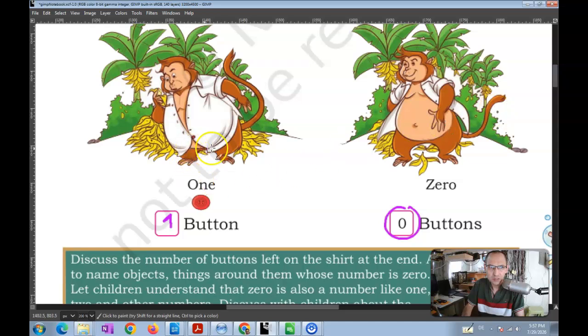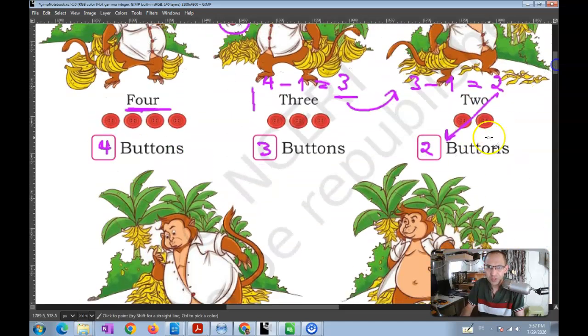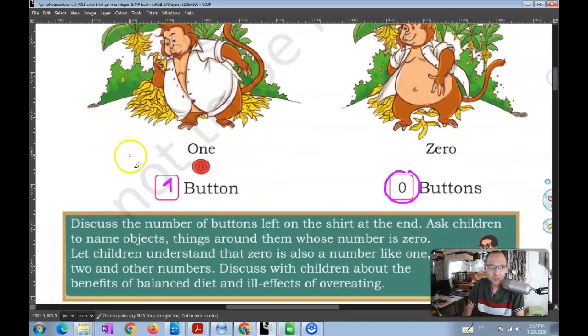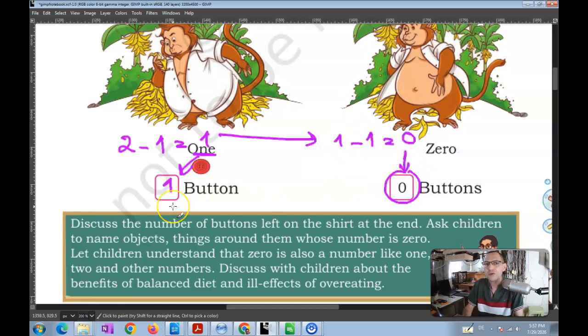Then the 2 buttons that were left, you can bring over here and write 2 minus 1 is equal to 1 button, which is this 1 button over here. And then this one you can bring over here and write 1 minus 1 is equal to 0, which is this 0 over here.